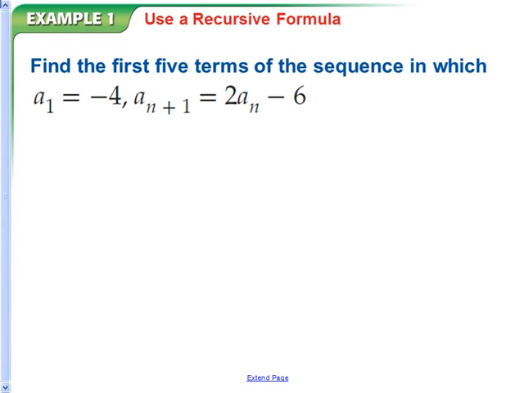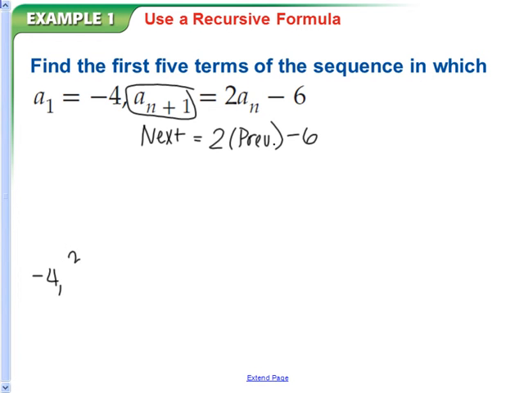All right, how about this one? My first term is going to be negative 4. And then it says my next term equals 2 times my previous term minus 6. So 2 times negative 4 minus 6. That's going to be negative 8 minus 6, negative 14. 2 times my previous, negative 14 minus 6.